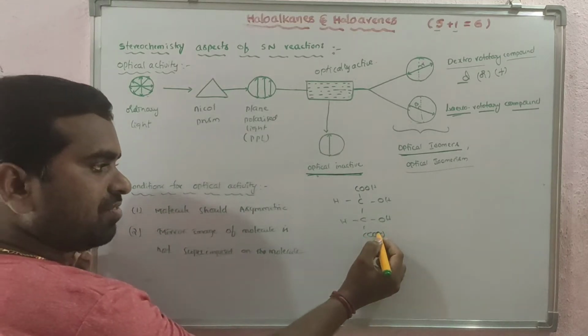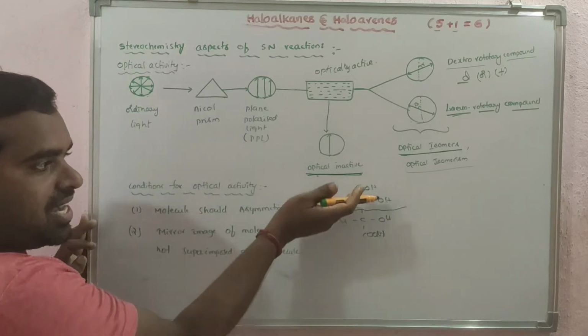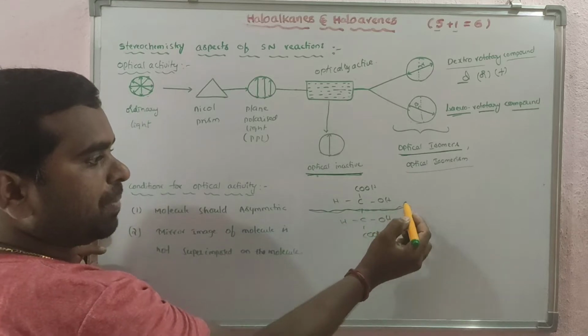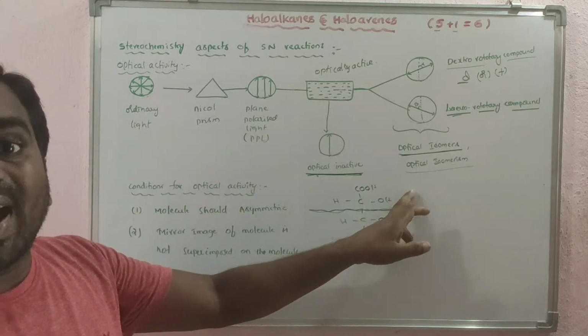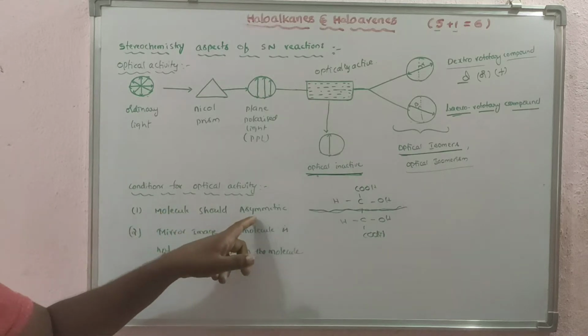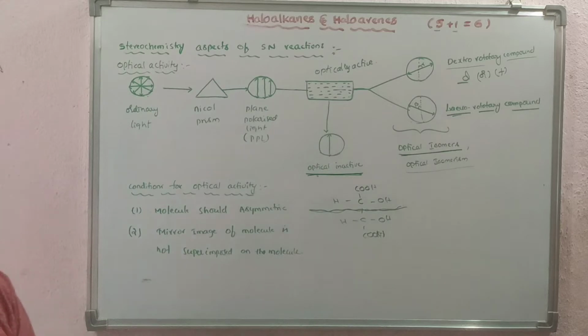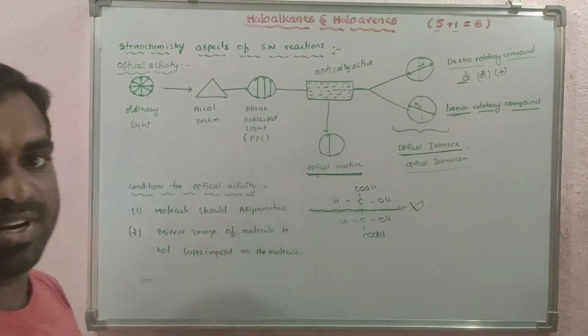This compound has a plane of symmetry. If I cut this molecule in this way, you get exactly equal halves. This molecule has a plane of symmetry, and so it is optically inactive. Why? Because the molecule should be asymmetric. It should not have any type of symmetry. Clear? That is the first point. It is optically inactive because it has symmetry.